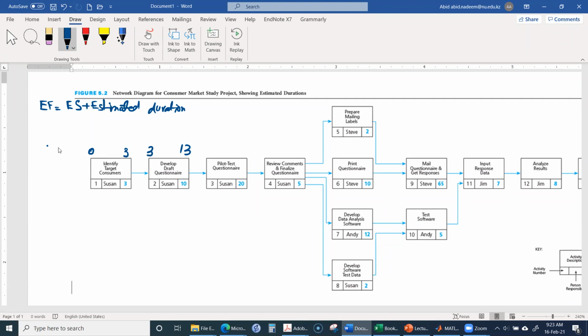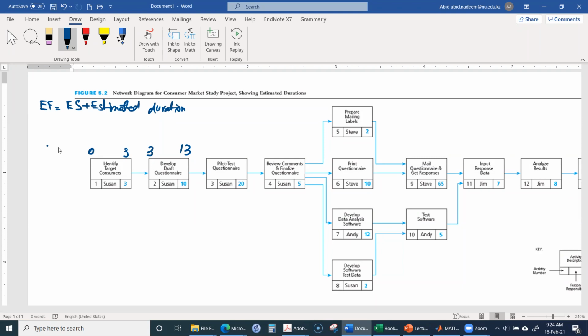Remember that 0 over here means it is the first day. So 0 is the first day, and 3 is the fourth day. We are putting 0 because for manual calculations it is easier, but actually 0 means the start of the first day, or in other words, the end of the 0th day.